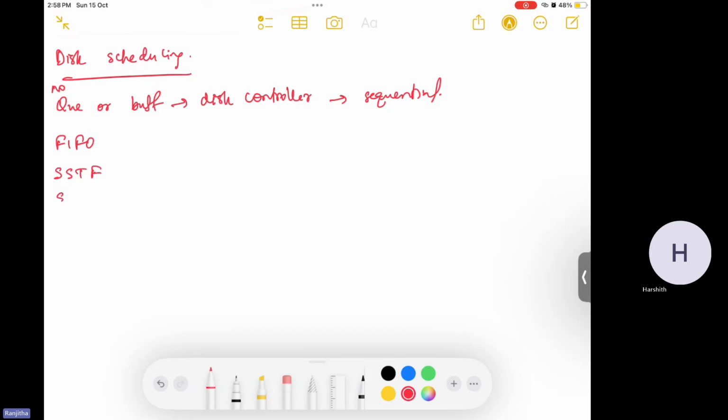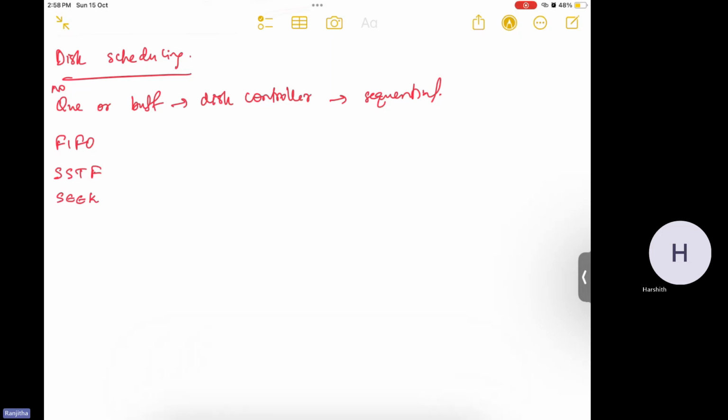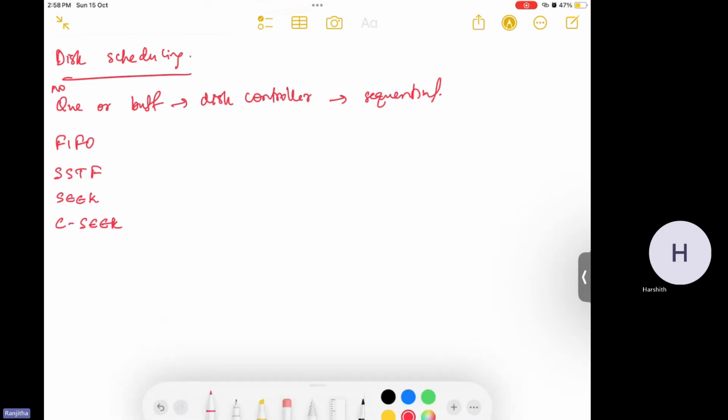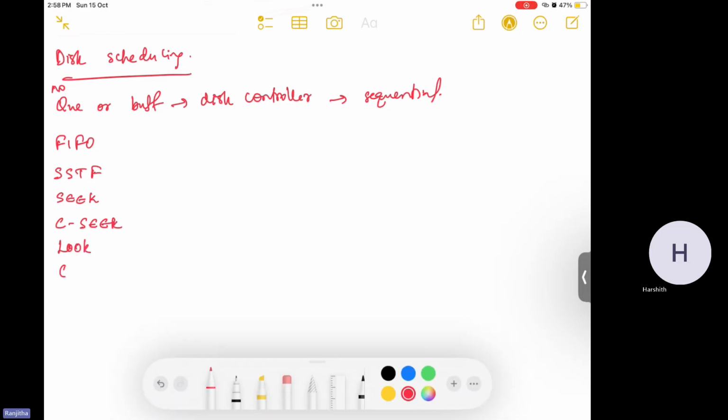Then we have SCAN, circular SCAN, then we have LOOK and circular LOOK. So these are the 6 algorithms available for disk scheduling. FIFO is equivalent to the regular FIFO, first in, first out.